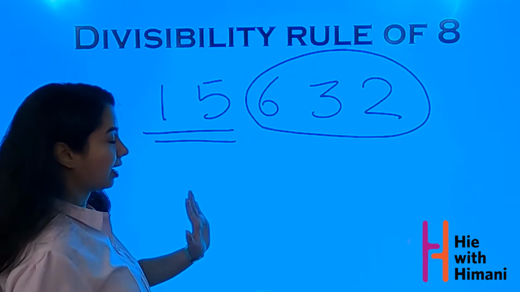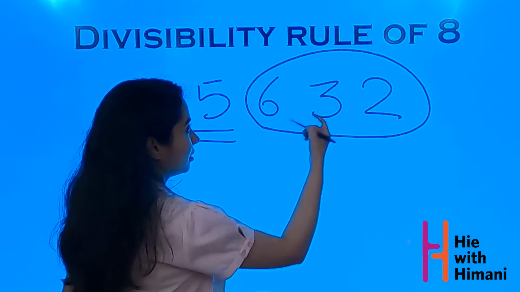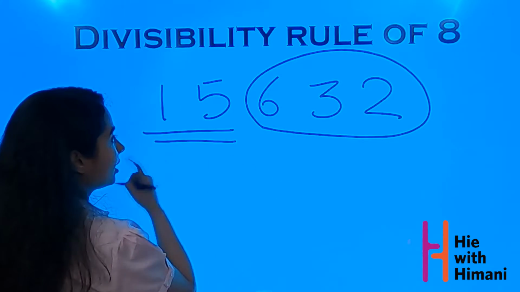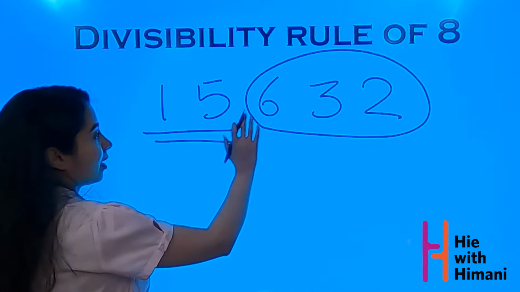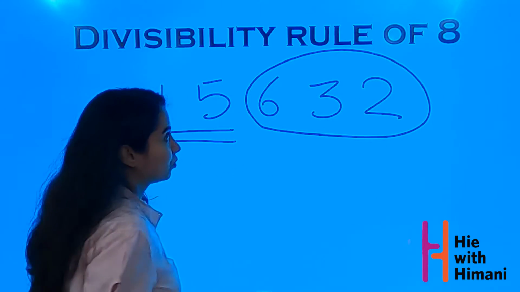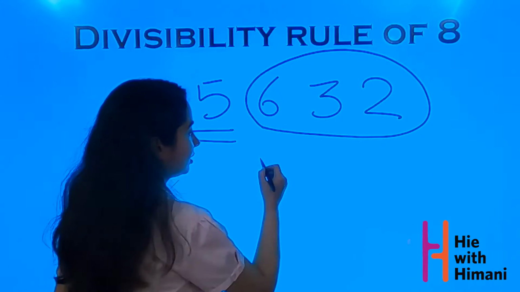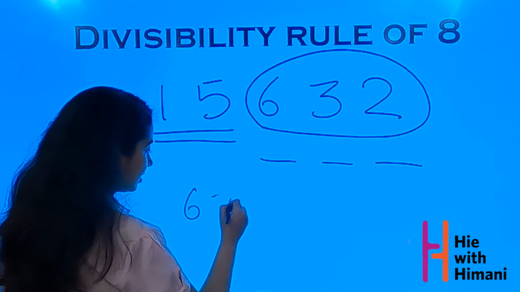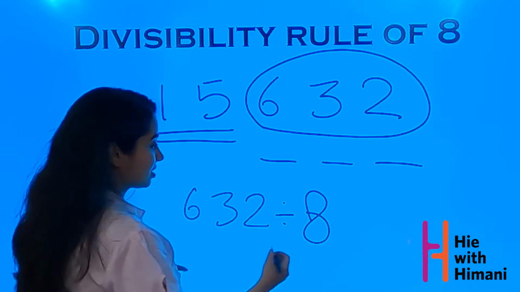I'll check it, and since I'm telling you that yes, it is divisible by 8, then the entire number 15,632 will be divisible by 8. So for 8, we are checking the last 3 digits. 632 is divisible by 8 completely. 8 sevens are 56.